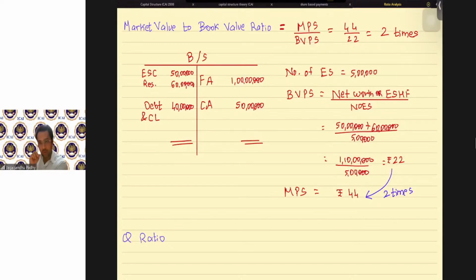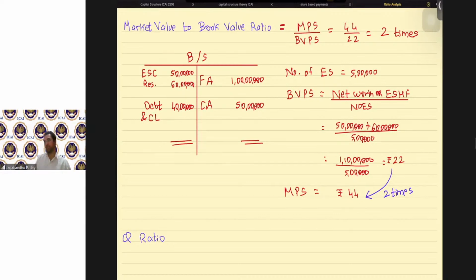Can you tell me? Because as per the books of accounts, the value of assets adjusted for depreciation and reduced by the liabilities, the per share value is 22. Correct? The per share value is 22 and the market price per share is double that.